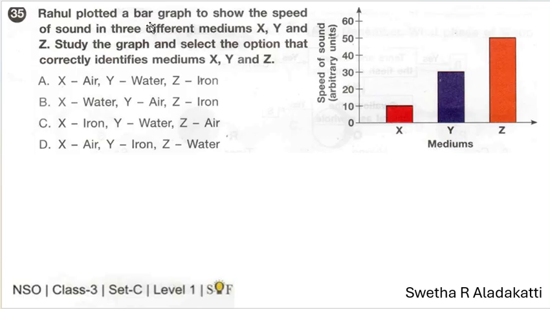35. Rahul plotted a bar diagram to show the speed of sound in three different mediums, which are X, Y, and Z. Here is a bar diagram of the speed of sound. Now study the graph and select the correct option that correctly identifies the medium X, Y, and Z. Let's see the answer.